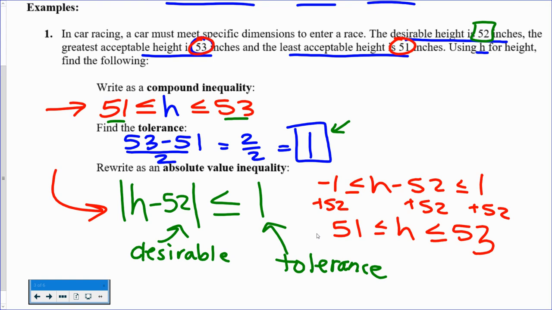Okay, so we don't have to solve this, but I'm showing you that when you solve it, you get the answer that's above. So we're kind of working backwards. We're kind of looking at what is the minimum and maximum, how far off can it be, and then I could come up with that inequality.